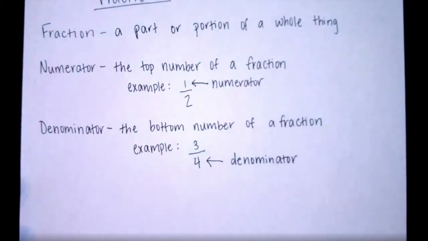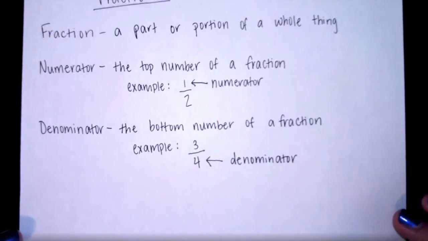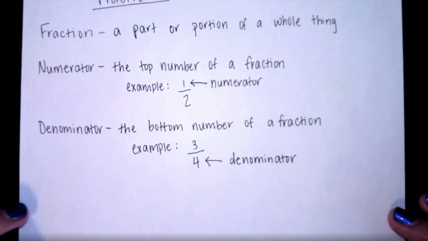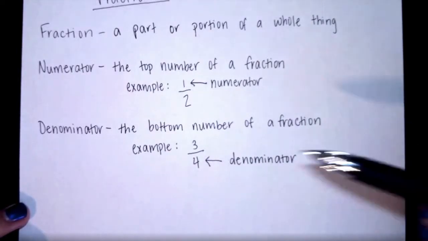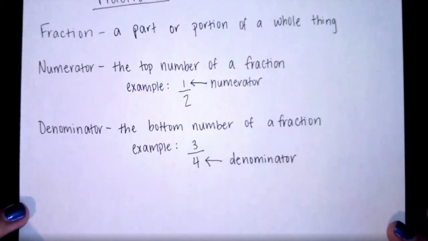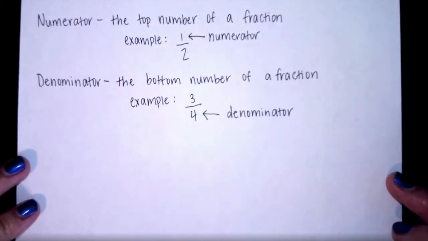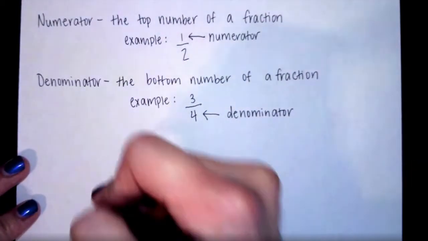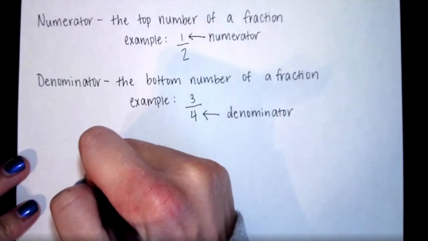Okay, so something else to note is that when writing fractions on paper, this is typically how you will see them. However, on a computer, you might see them written as 2/3.